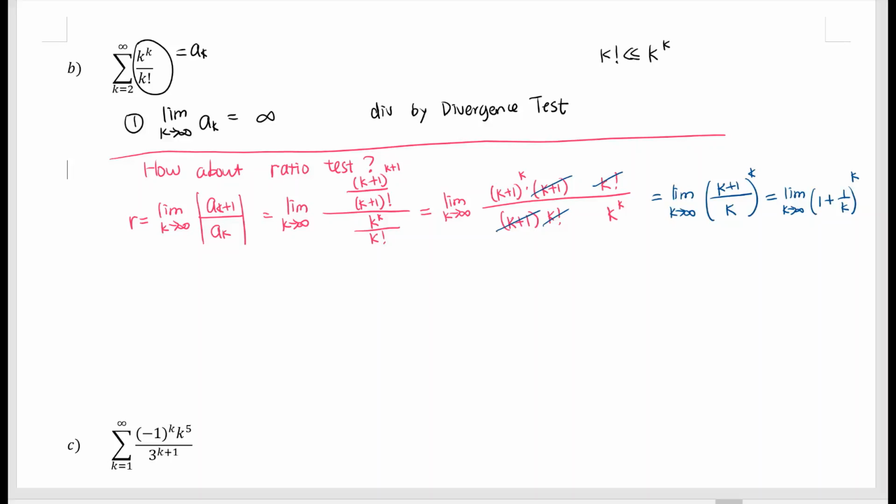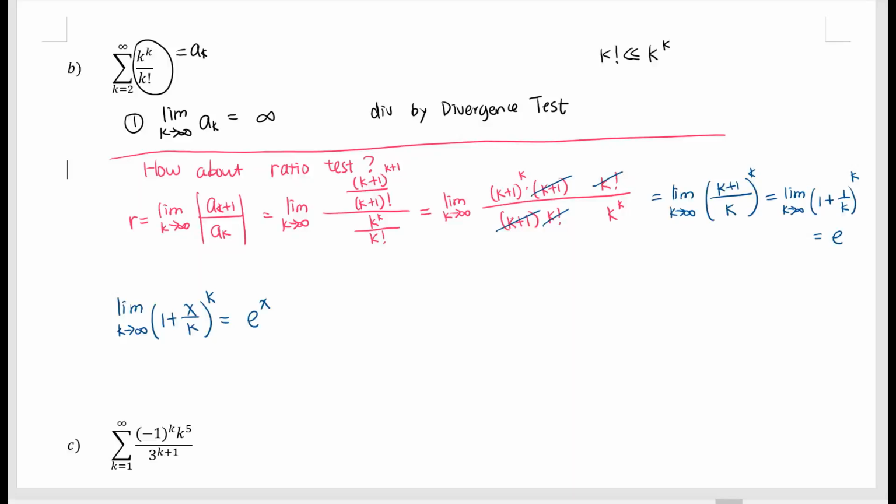If you can remember the limit, k goes to infinity 1 plus x over k to the k, this is actually e to the x. So that's why in our example, this is e.